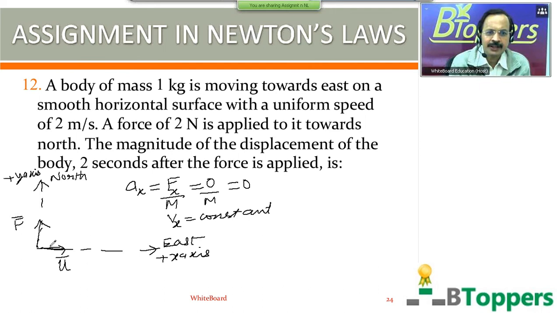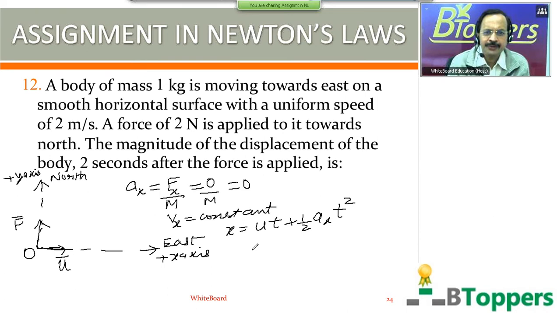Therefore, displacement along x direction will be covered with uniform velocity, u equal to 2 meter per second. I choose the initial position as origin of the coordinate system. That means the origin is the position of the body at the instant the force begins to act on it. So displacement in the x direction, in time t, you can write u into t plus half ax into t square.